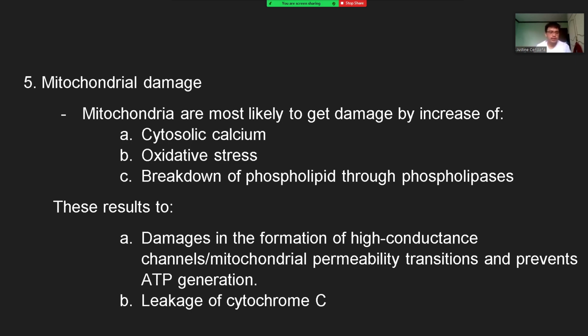This results in the formation of high conductance channels, also referred to as the mitochondrial permeability transition pore, in the inner mitochondrial membrane. Due to the formation of these pores, the proton gradient across the mitochondrial membrane disappears, preventing ATP generation. There is also leakage of cytochrome C, which leads to the activation of apoptotic death pathways, because cytochrome C is an important soluble protein in the electron transport chain.